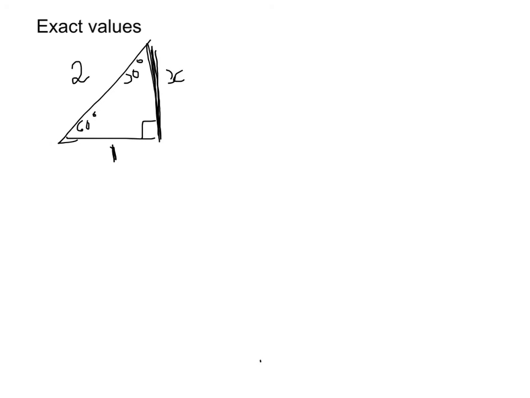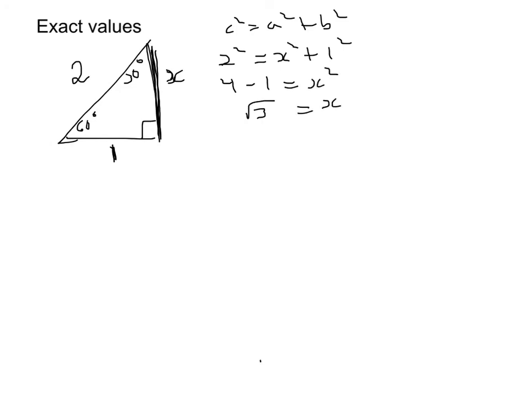I like just using x. So I end up with Pythagoras' theorem, c squared equals a squared plus b squared. So 2 squared is equal to x squared plus 1 squared. So that's 4 minus 1 equals x squared. So x is equal to the square root of 3.